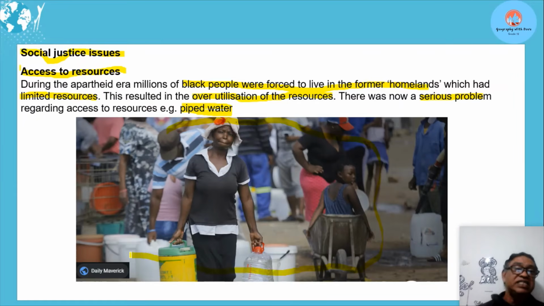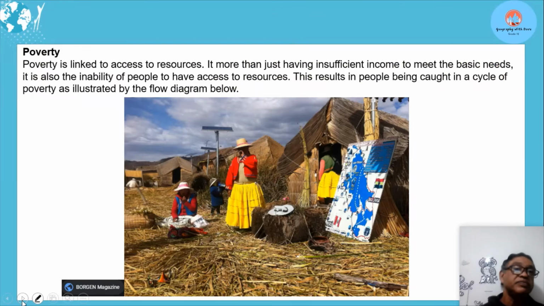This does exist where people have to go and get water from one tap or from one pipe. I know many of us sit at home and say we need someone to just open a tap. Let me tell you, in many significant parts of South Africa, this is an issue that exists. Lack of piped water as a resource. People have to carry buckets in their hands, on their heads, children moving around.